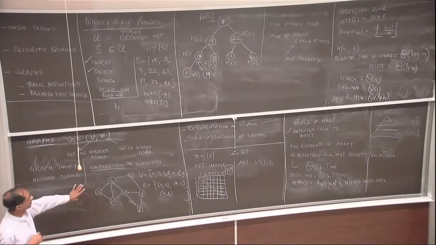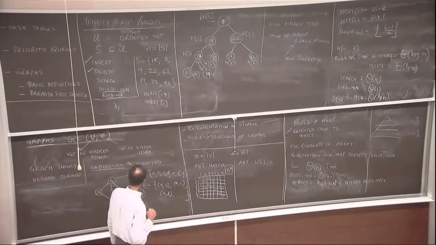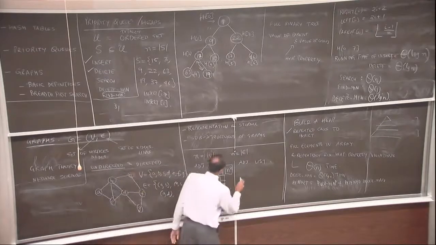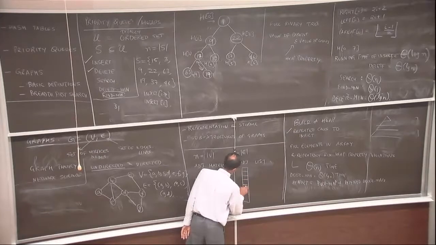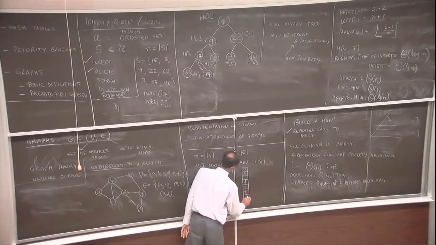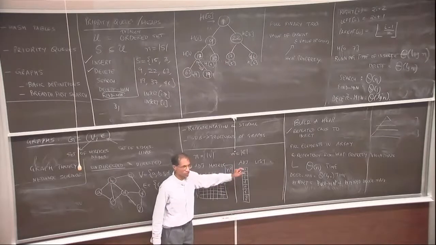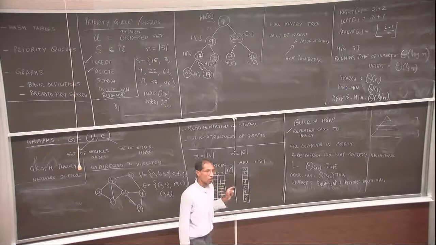The other mechanism of storing the same graph is what is called an adjacency list. This mechanism works like this. You would have a list where the list will contain the name of the node, okay, and maybe other information that you want to store. So think of each of these records storing an object, but it also has a linked list, and the linked list lists all the adjacent vertices.